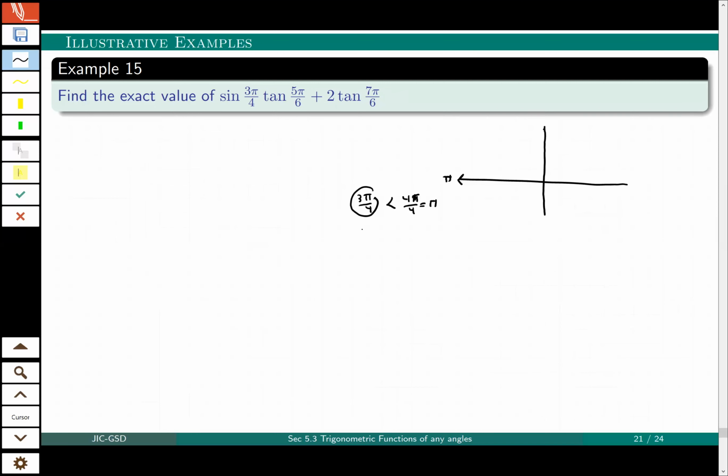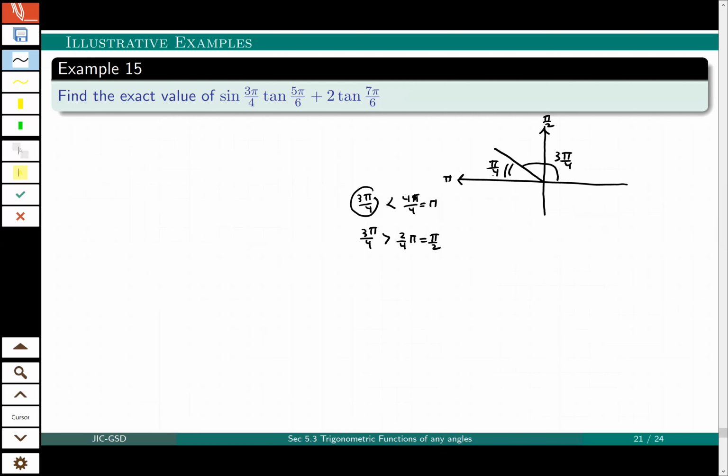And definitely 3 pi over 4 is more than 2 pi over 4, which is pi over 2. So our angle is here. It's 3 pi over 4, more than pi over 2, smaller than pi. So what's the reference angle? Definitely it will be pi over 4.